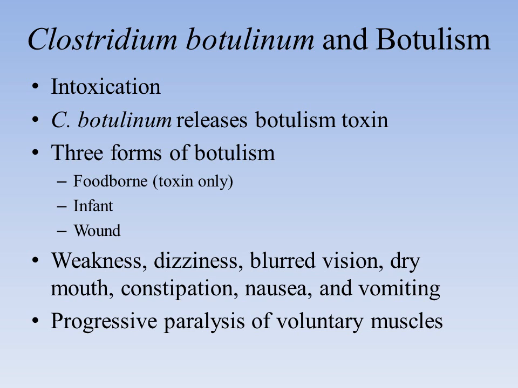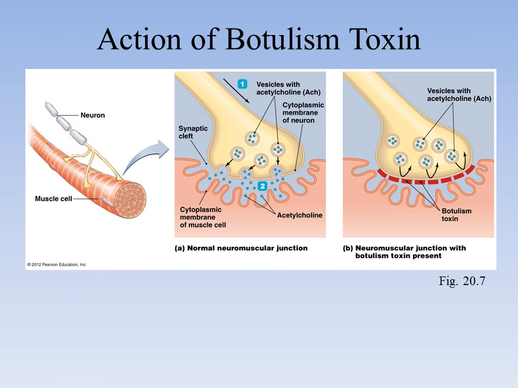And the one that really should trigger alarms in your head that you might have botulism is when you get progressive paralysis of voluntary muscles. So the toxin is affecting your nerves, and you're getting paralysis of muscles. So muscles that you could normally move voluntarily, now we have paralysis where you can't move them. So you get paralysis of the muscle. And so this is how the botulism toxin is actually causing the muscle paralysis.